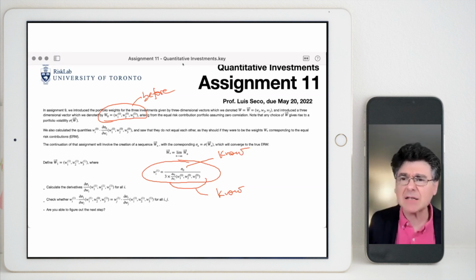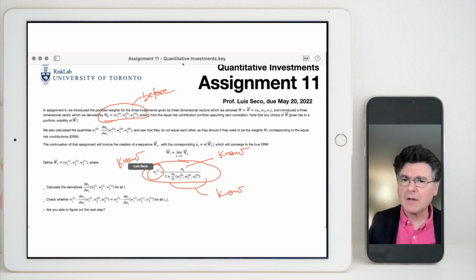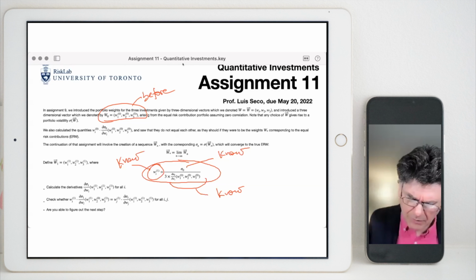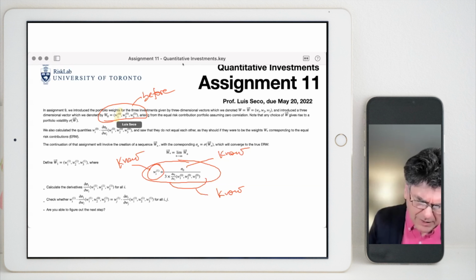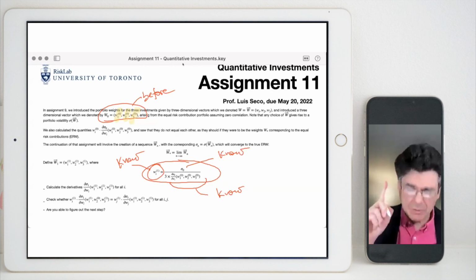We calculated this earlier, right? So that means that we know what this is. And what you have to notice is that we started with some weights there that have a subscript 0.